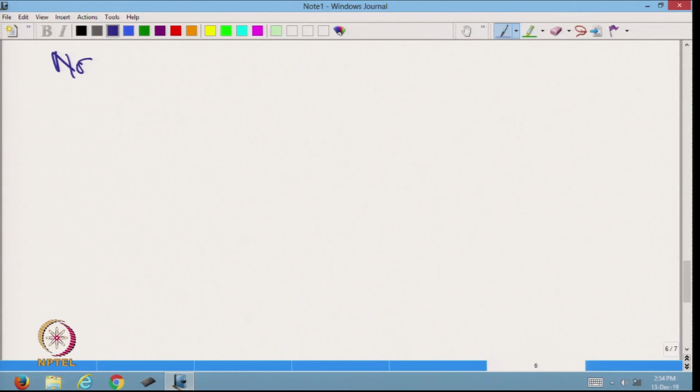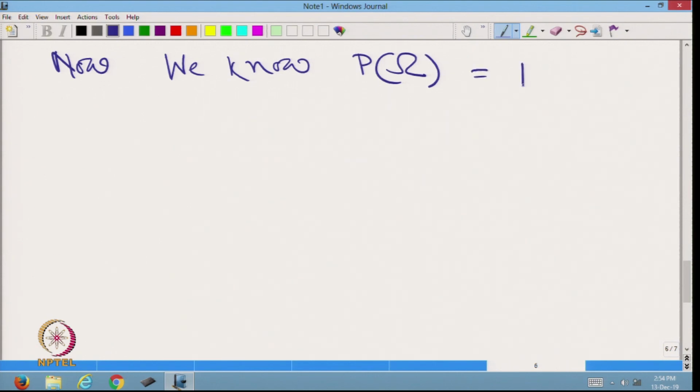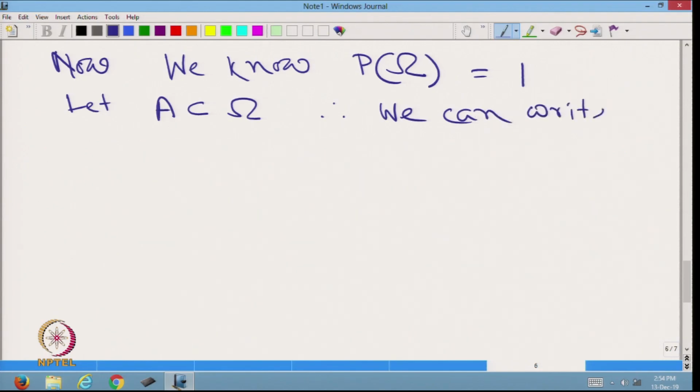Now, we know probability of omega, the entire set of possible outcomes, is equal to 1. Let A be contained in omega. Therefore, we can write omega is equal to A union A complement, complement with respect to omega.